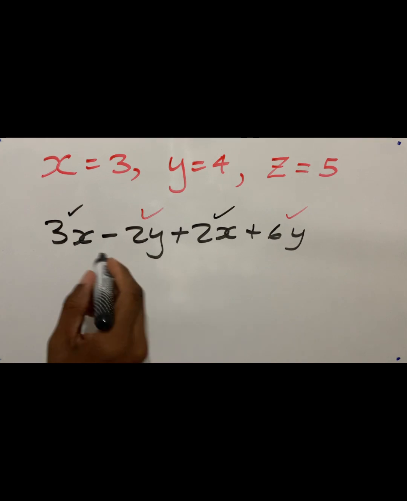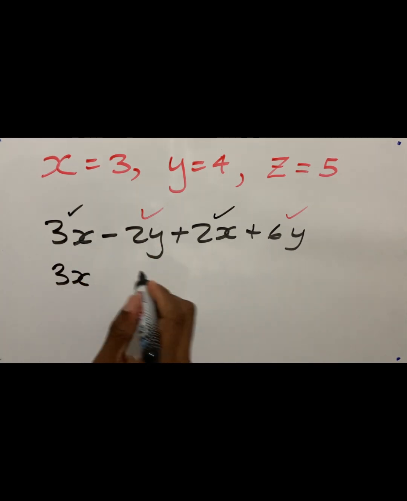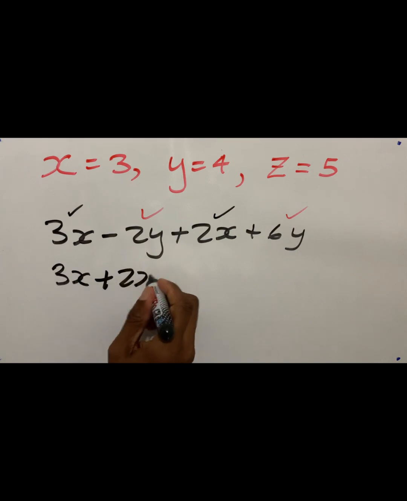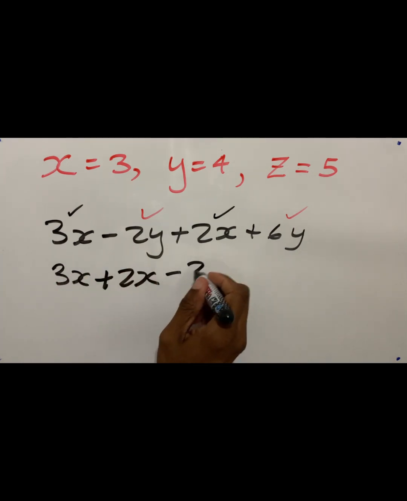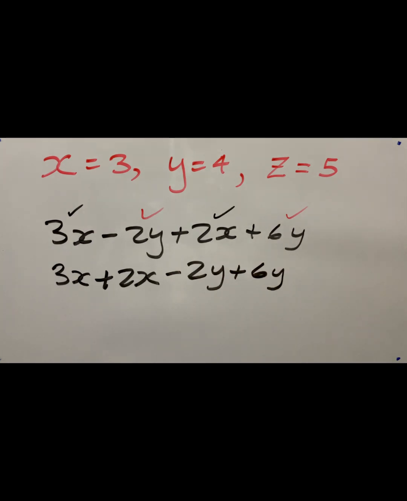So we have our 3x plus 2x, remember the sign, then we have our minus 2y plus our 6y. From our previous classes, we would have known that 3x plus 2x is just 5x, and minus 2y plus 6y is the same thing as plus 4y.